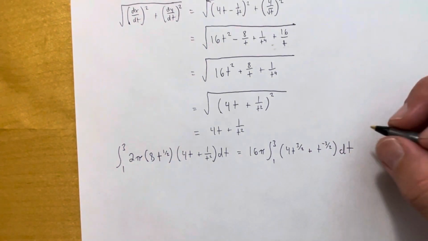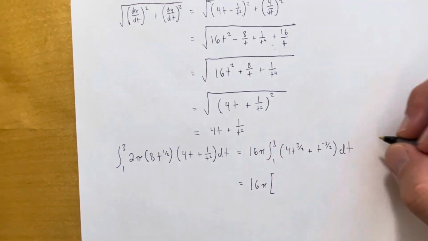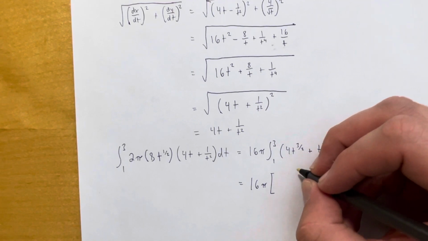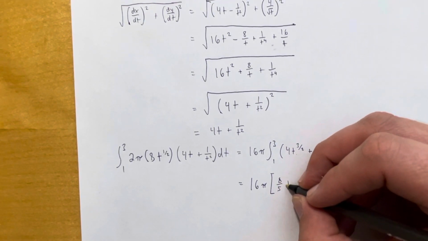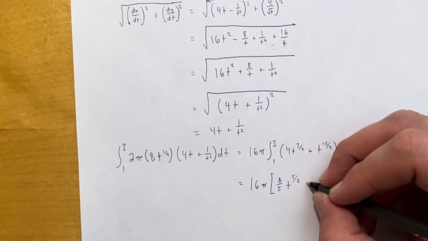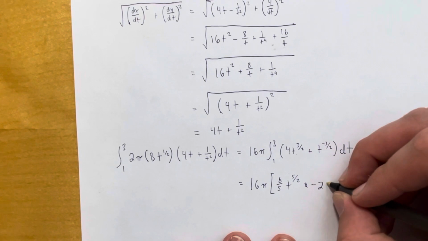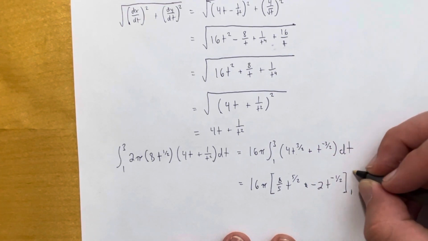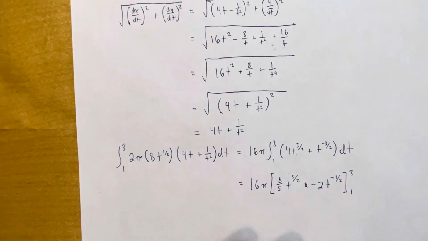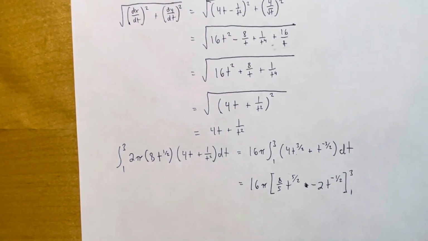Okay, now I can integrate 16 pi times, this becomes 2/5 times 4, so that's 8/5 t to the 5/2. This will become a minus here, so minus 2t to the -1/2 power from 1 to 3. Okay, ignore that. That was supposed to be a minus right there.